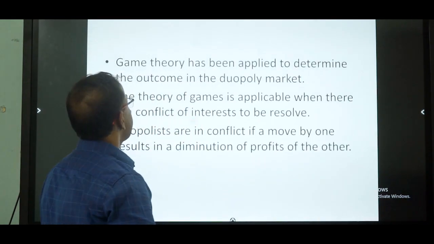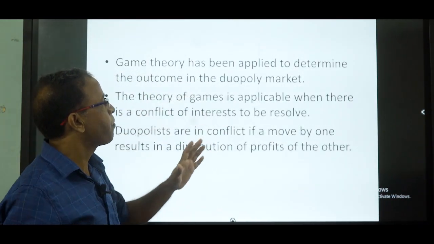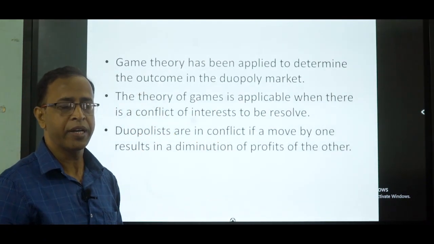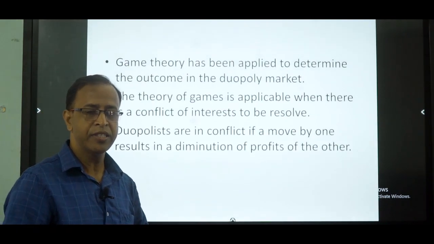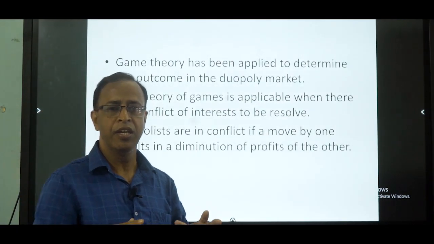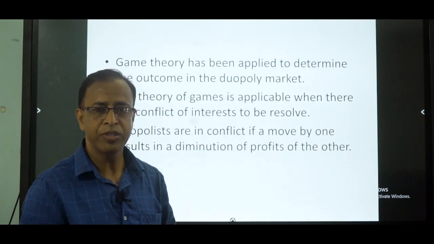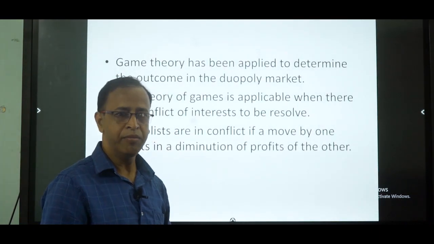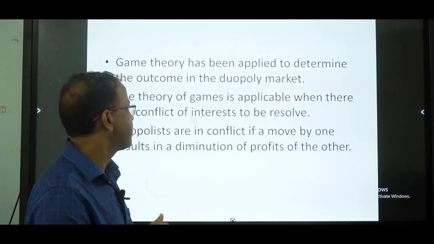Game theory has been applied to determine the outcome in the duopoly market. That means two players, two industrialists or two producers, play the game, and what is their outcome, that means the result of the game.